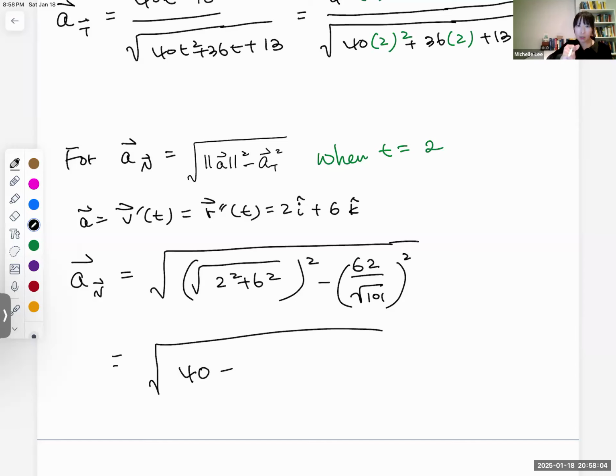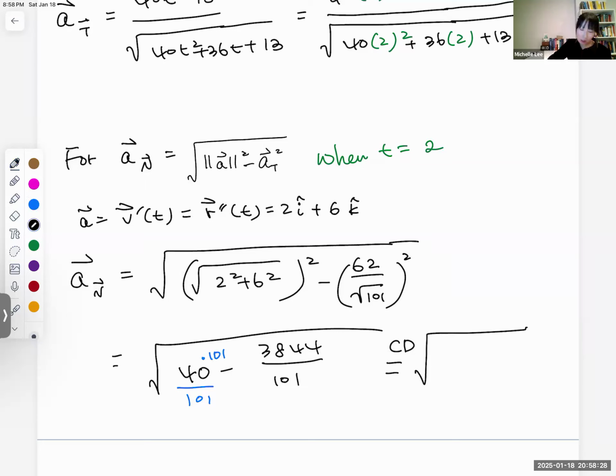Can you calculate? Okay, so 62 squared, we get 3844 over 101. Inside the square root, we make a common denominator, so 101 times 101.